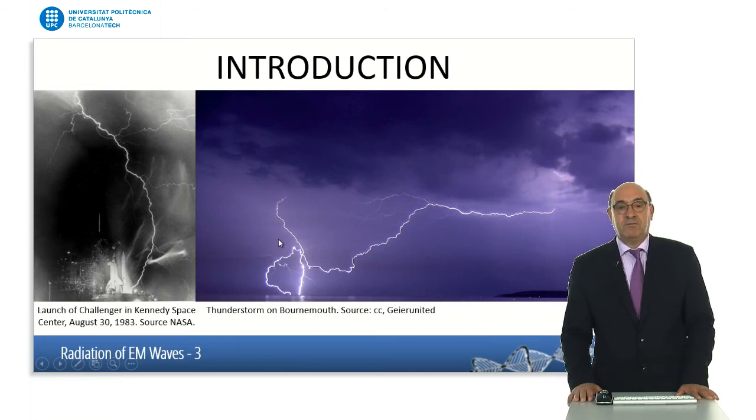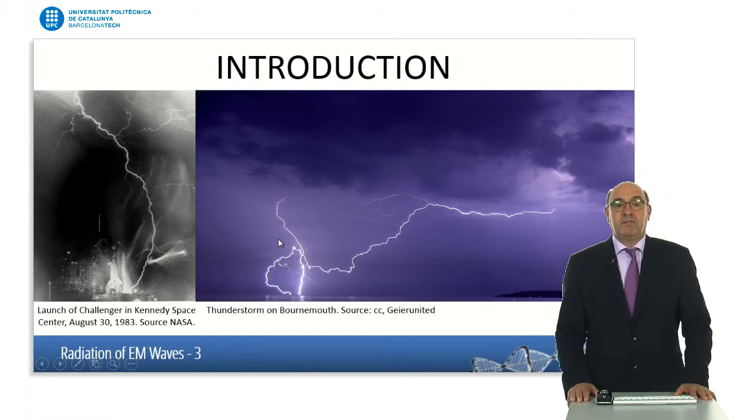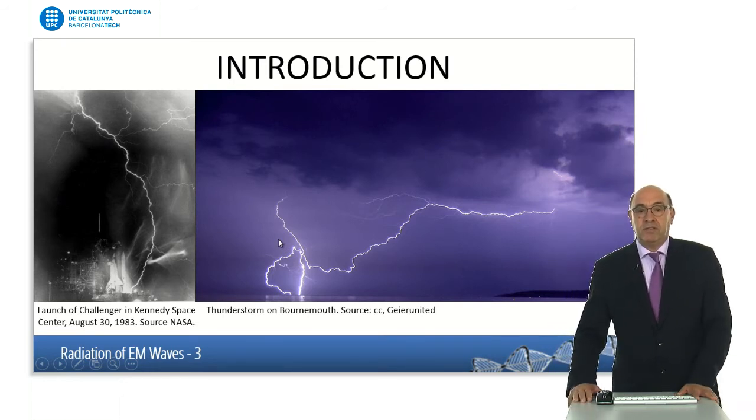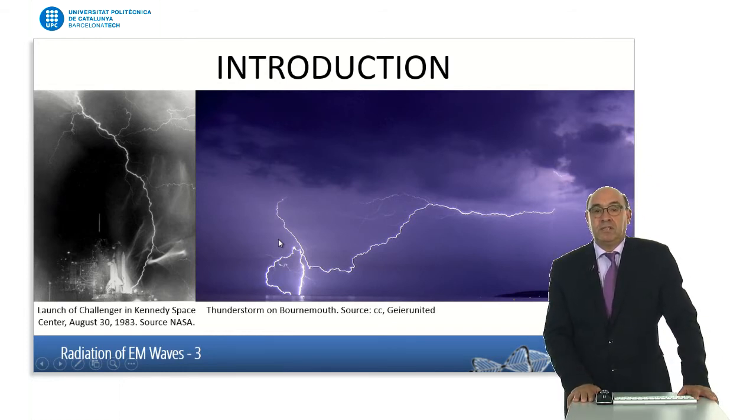And also, quite similarly, the currents may go up to hundreds of thousands of amperes. So they are really strong in them. We can learn a lot from those images in the sense that you can see a current going down from the clouds to the ground, and you could also see that there is light coming from.